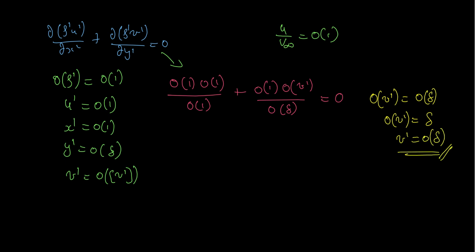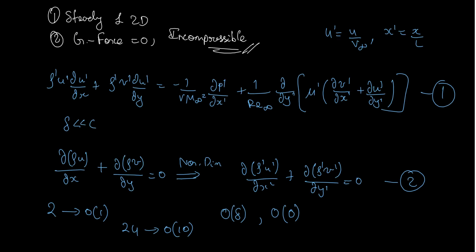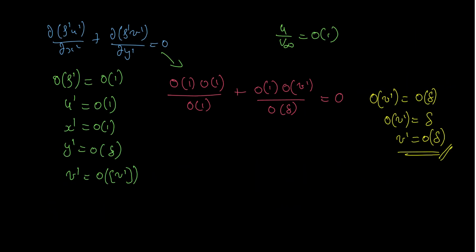We can say that v prime, that is the vertical velocity, is not very large. Similarly, if I perform the same kind of analysis for our x momentum equation here, we'll get some insightful results. I'm going directly to the results here. The 1 by Reynolds number infinity term should be of order delta square to satisfy the order of magnitude equation.